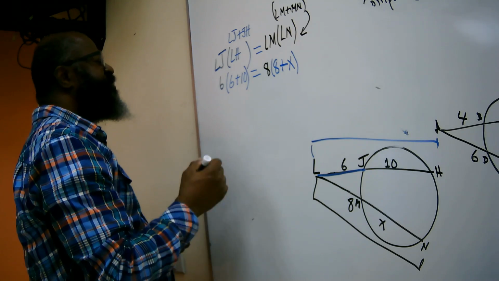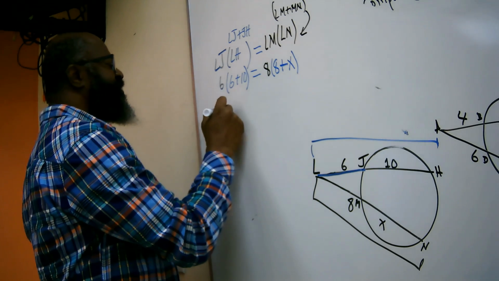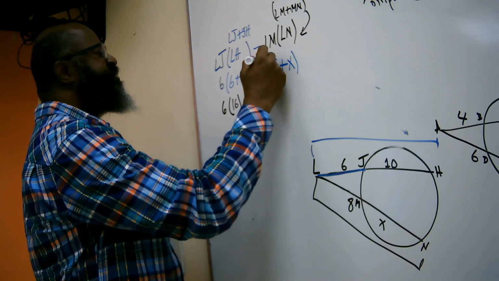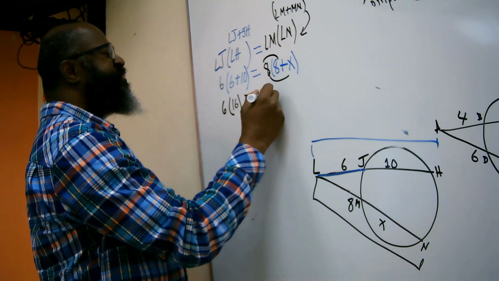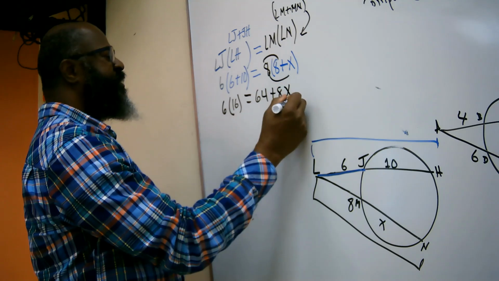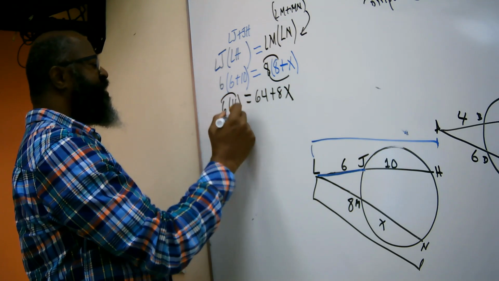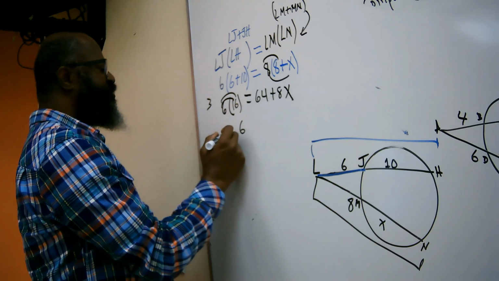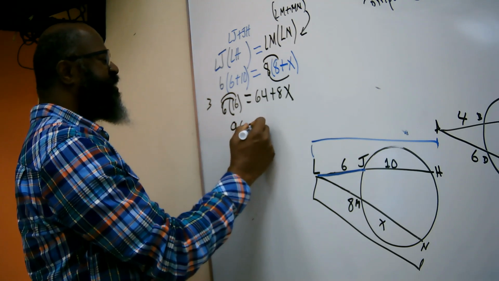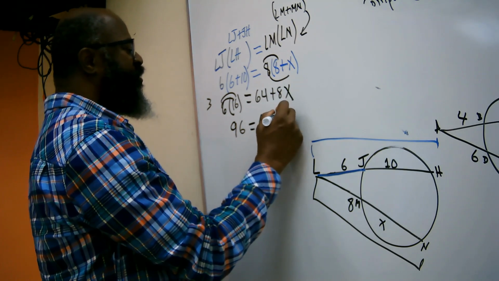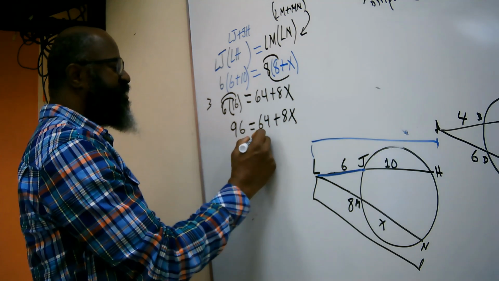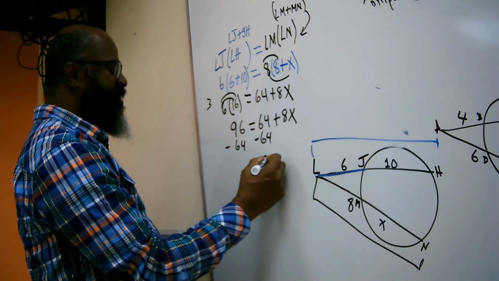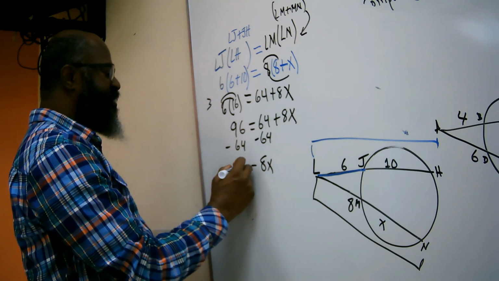In this case, you end up with 6 times 16 is equal to 8 times 8 plus x, this will be the property. That will be 64 plus 8x. Then you have 6 times 16, that gives you 36, carry 3. 6 times 1 is 6 plus 3 is 9, that will give you 96. So 96 equals 64 plus 8x. In this case, you subtract 64 from each side. Then you have 8x is equal to 32.